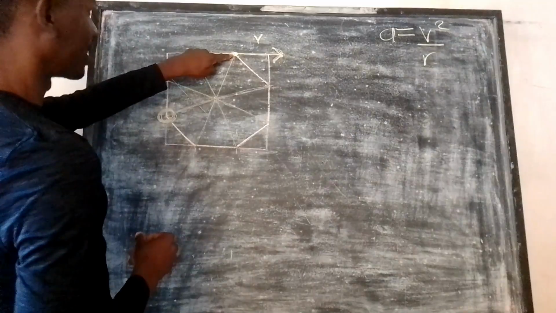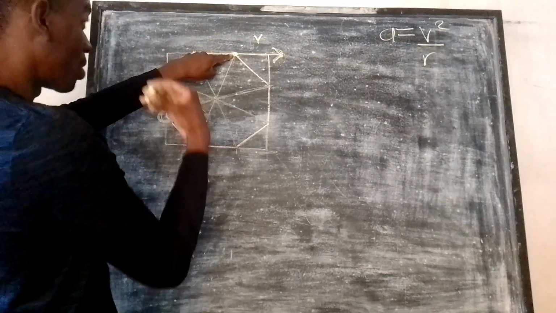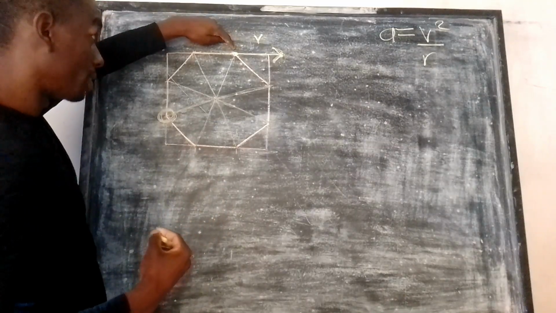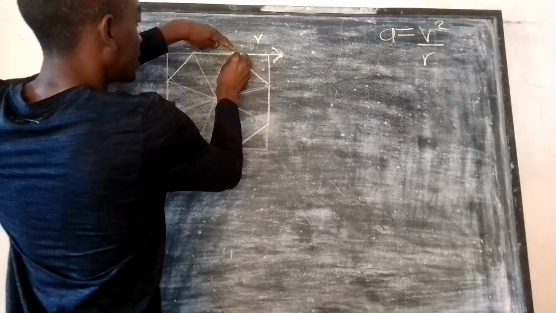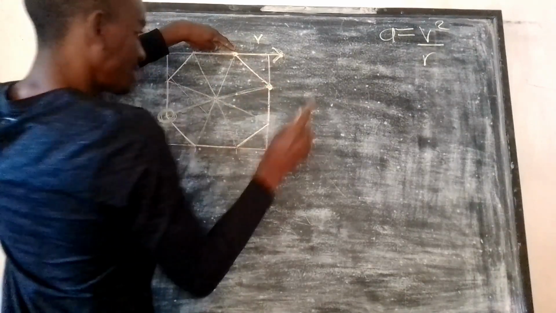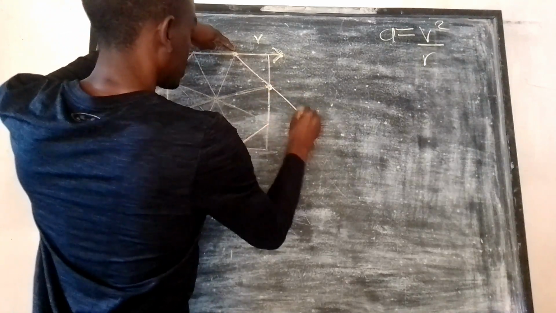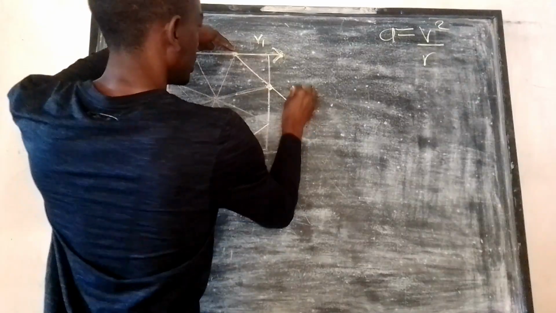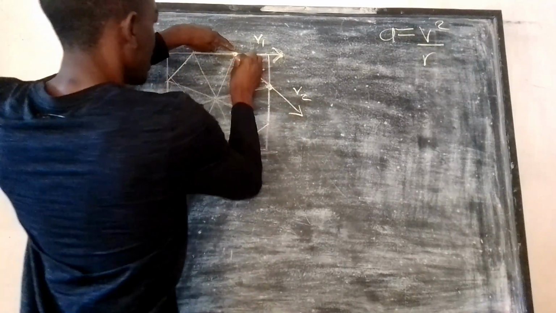The force it experiences at this point is responsible for getting this particle from this point up to this point, such that when it is at this point, it now has a new velocity. Let's call this v1. At this point, it now has a velocity of v2.